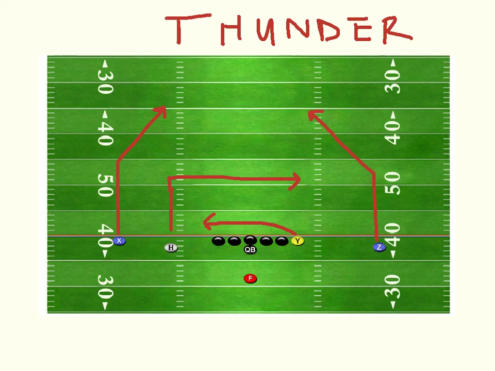And just to reiterate the route progression, 7 outside steps here, 7 outside steps for the X also, 5 outside steps for the H, and the Y will be aligned at the heels of the D line.